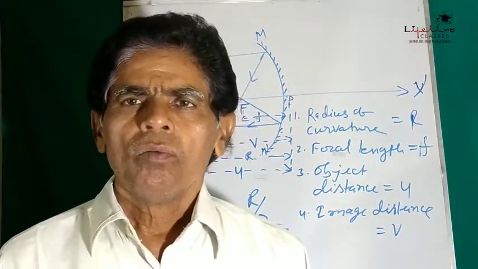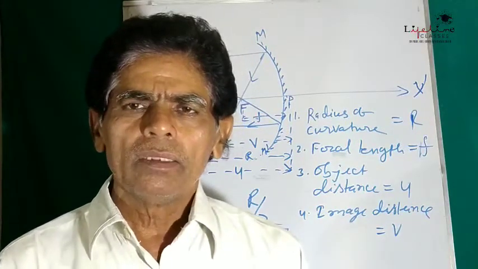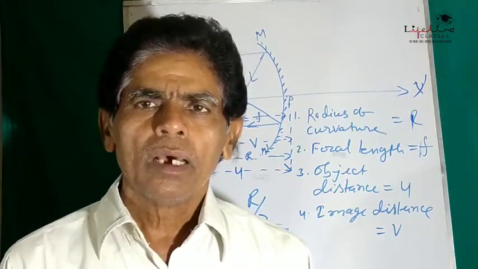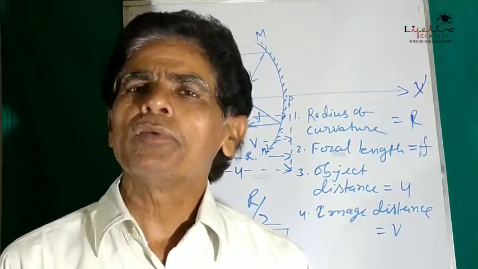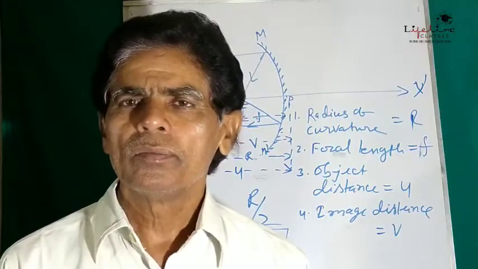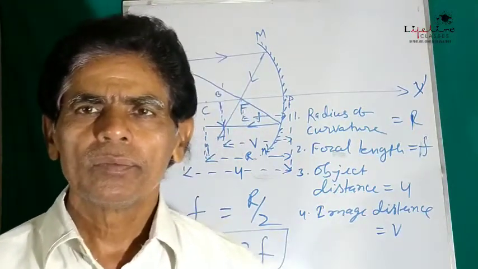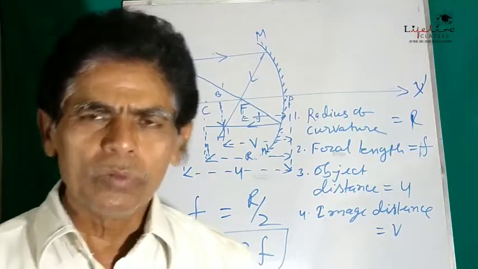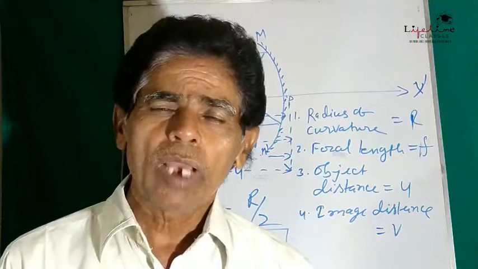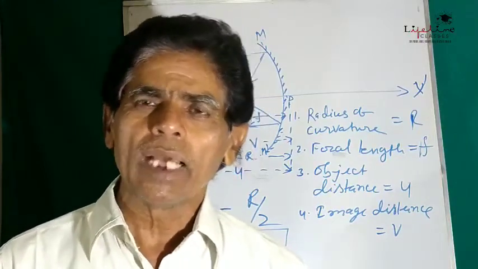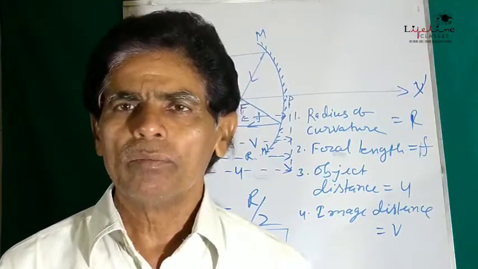Now what happens when two rays are considered in certain specified positions in the case of a spherical mirror. We have to understand these things first, and by knowing that we will be able to draw the ray diagram.